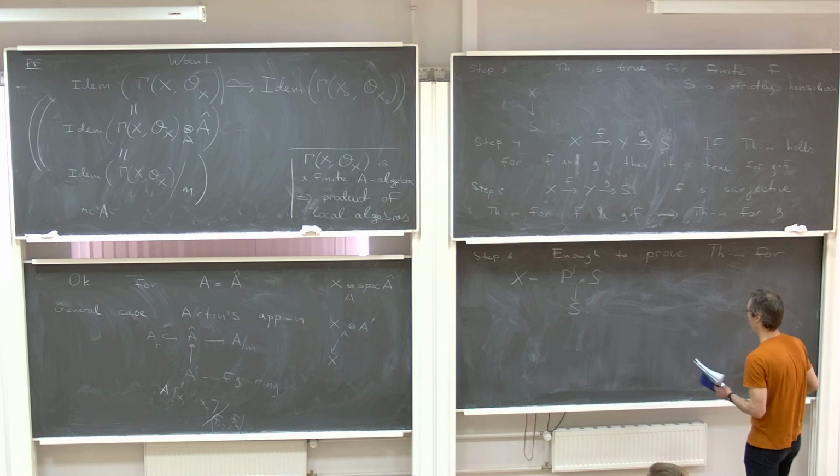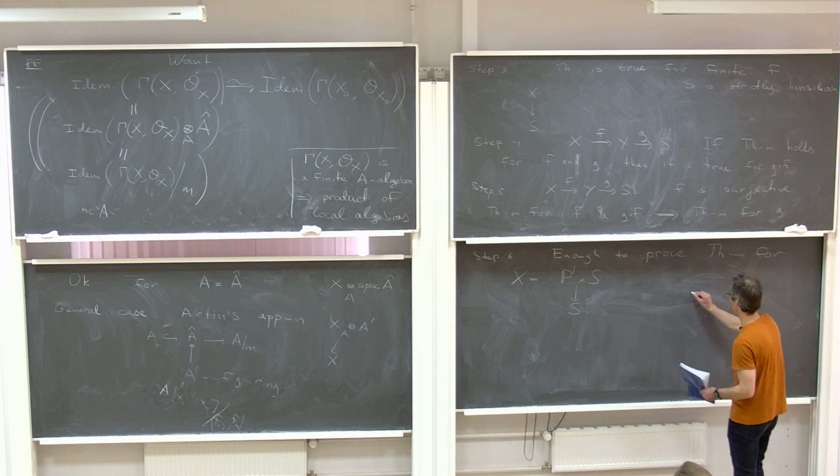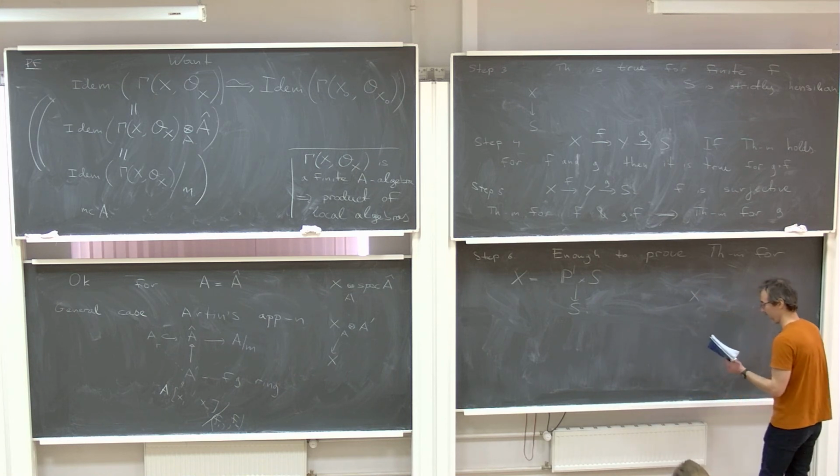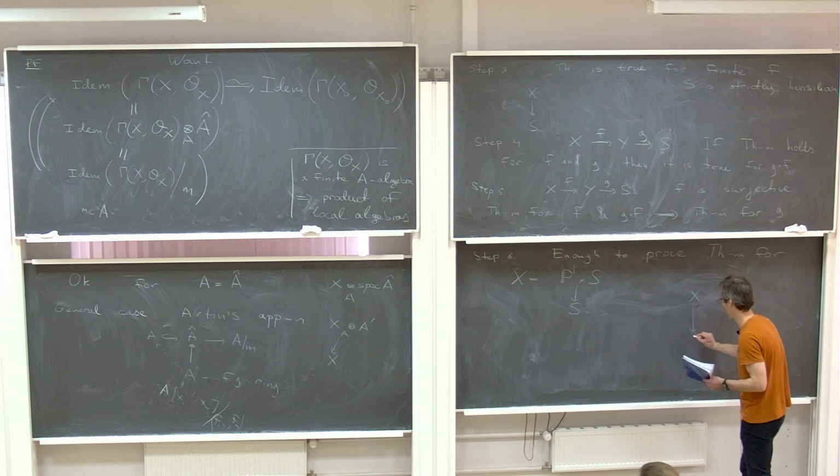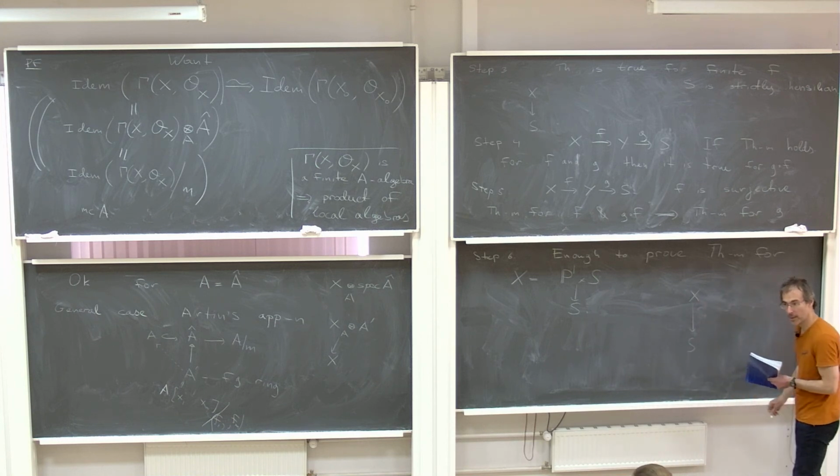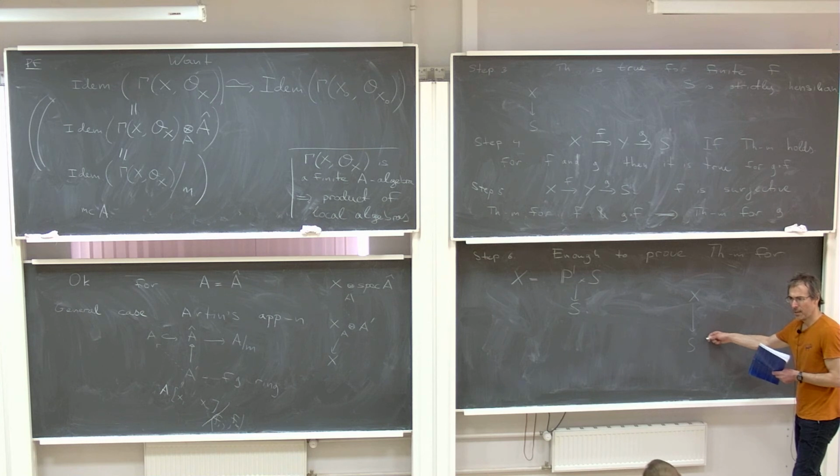Okay, so here is the argument. So let's take X. So I have a morphism to S. This is proper. S is the spectrum of a Henselian ring, in particular it's affine.